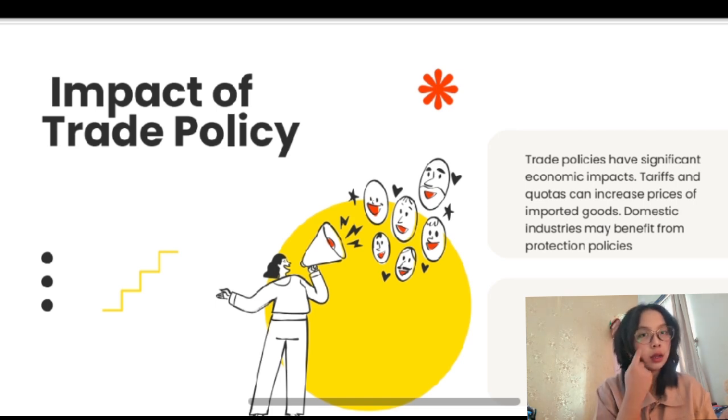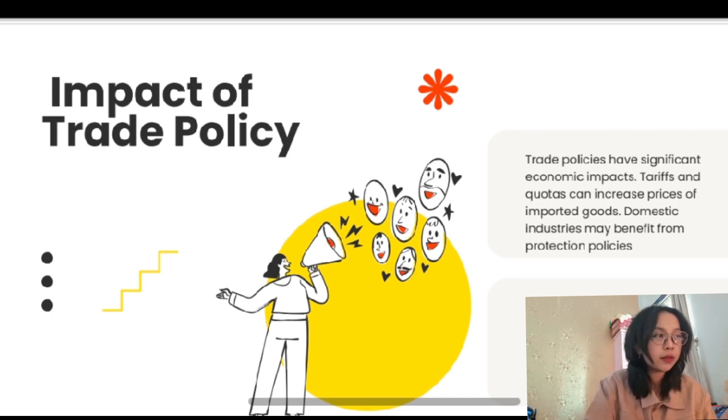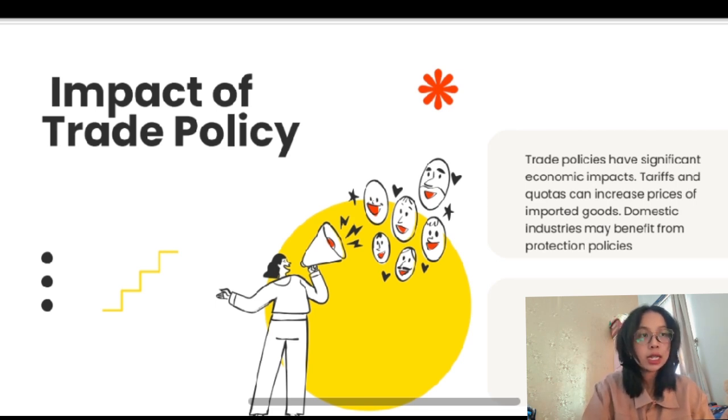And last, we've got the conclusion. So, in the conclusion, national trade policy formulation is essential for managing international trade activities. Governments use various instruments such as tariffs, quotas, and incentives to achieve economic objectives. While trade policies provide benefits such as industry protection and export growth, they also create challenges that require careful planning.